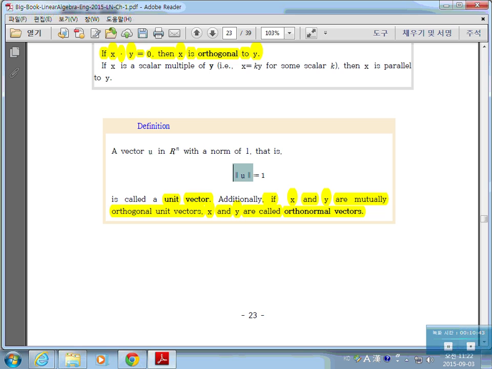If the norm of a given vector is equal to 1, we call it a unit vector. And if x and y are mutually orthogonal unit vectors, then we call x and y orthonormal vectors. Orthogonal and unit vector. Then we call those two vectors orthonormal vectors to each other.